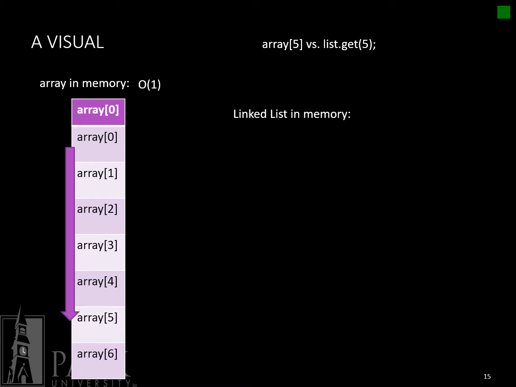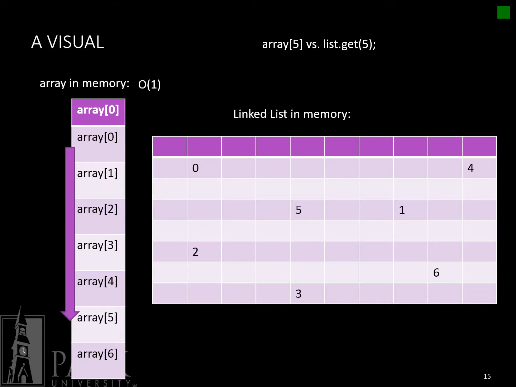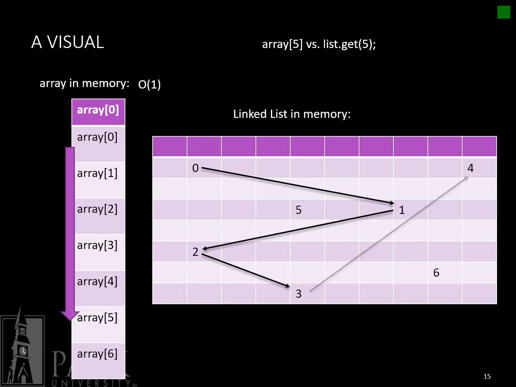Well, a linked list in memory has to jump around, starting at 0, going from 1 to 2 to 3 to 4 to 5, to get to our 5th element, which is the 6th that we're looking for, and that takes linear time, because however big the linked list is, it's going to take that many steps to get there, right? Because remember, big O notation is the worst case scenario.